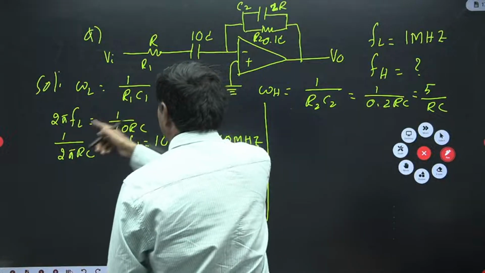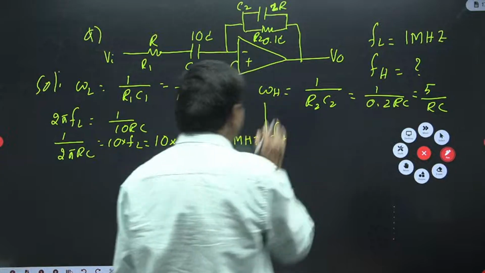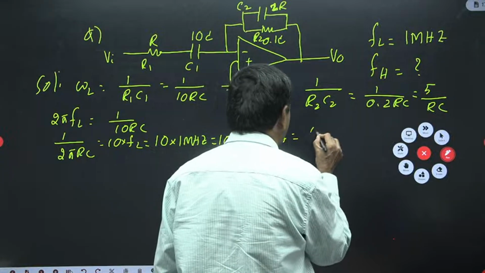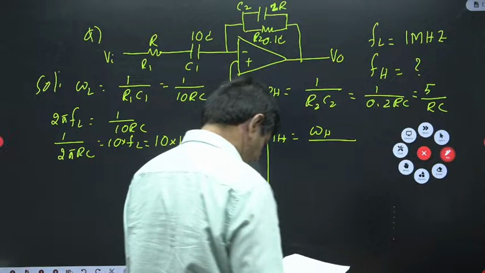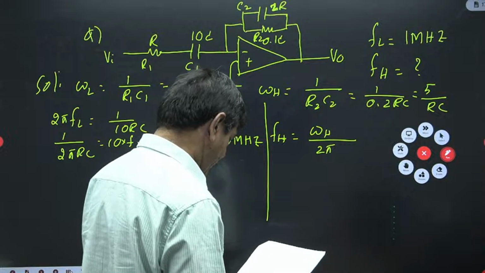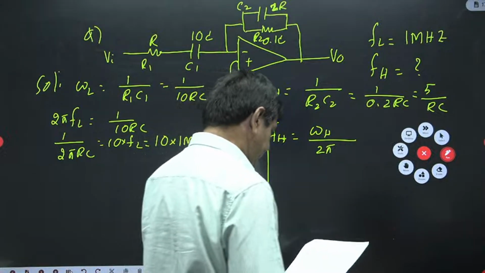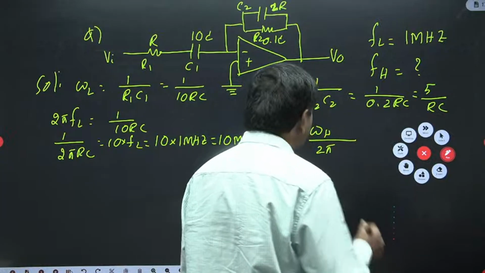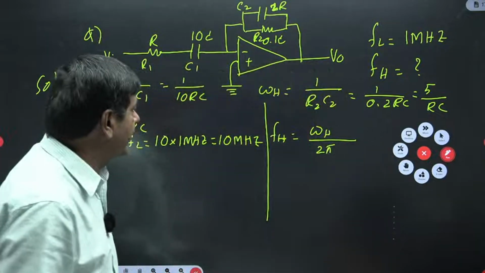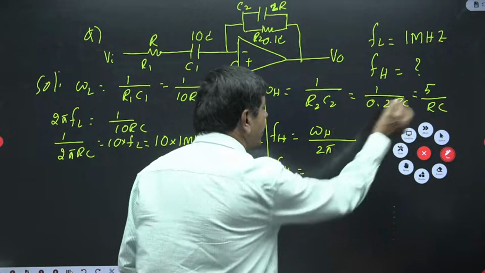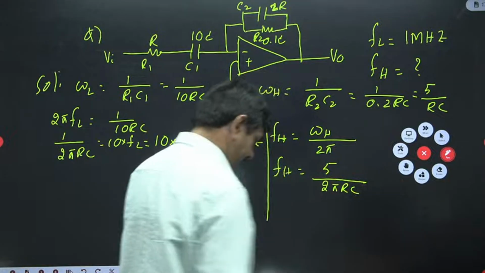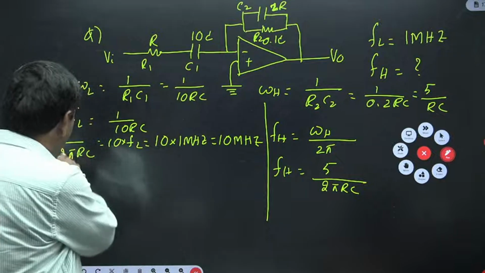Omega H equals 2 pi FH, so FH is omega H by 2 pi, which is 5 by 2 pi RC. That is 5 times 1 by 2 pi RC, and 1 by 2 pi RC equals 10 megahertz.